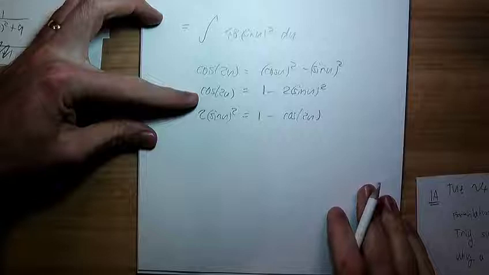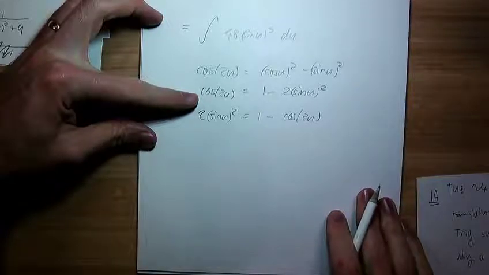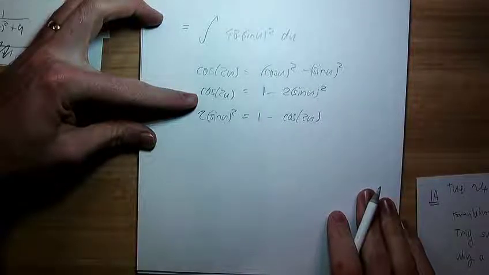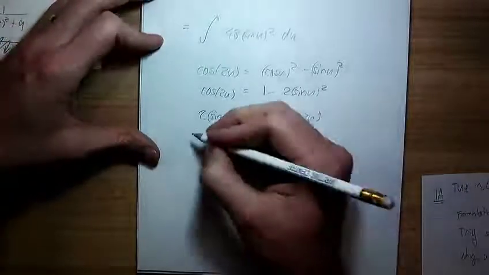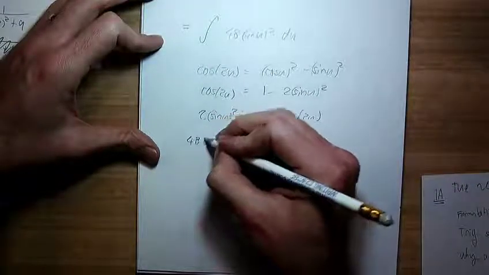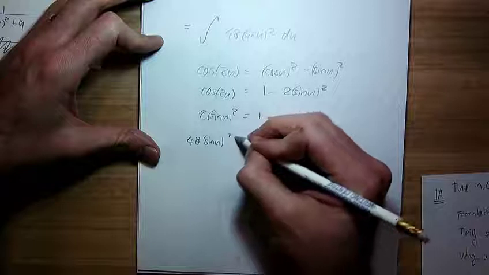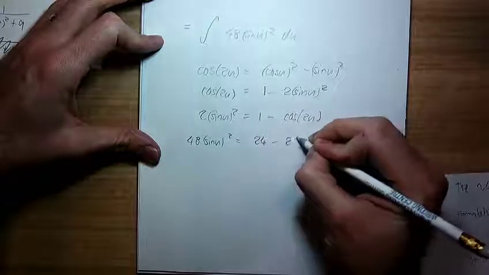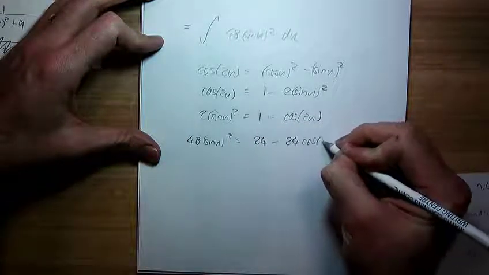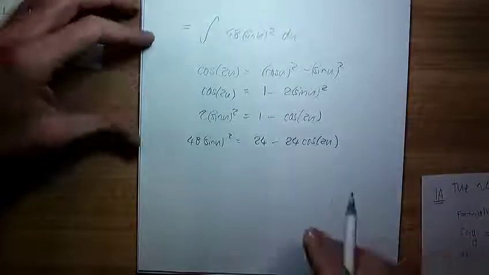And what do we need? We need 48 sin squared. If you times by 24, that'll do the trick. Brilliant.